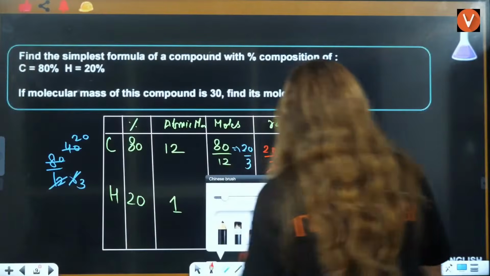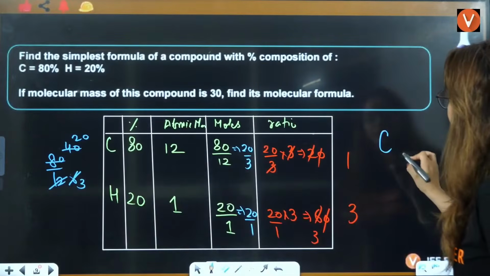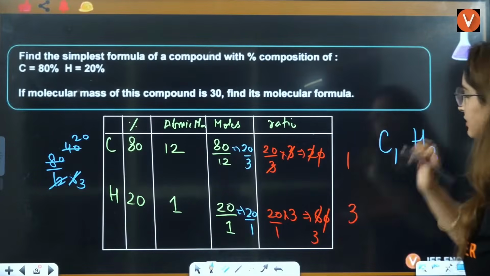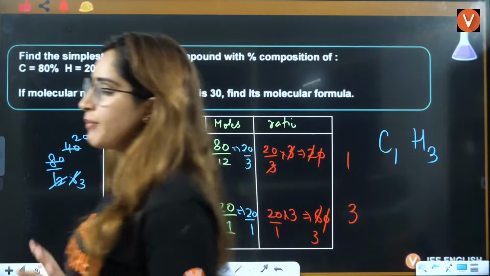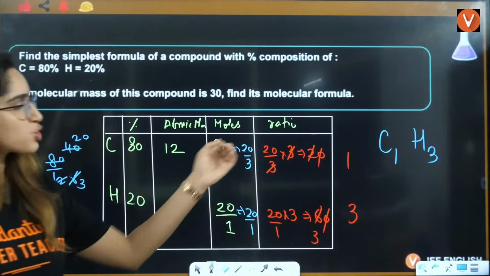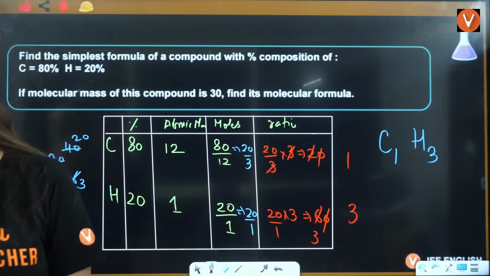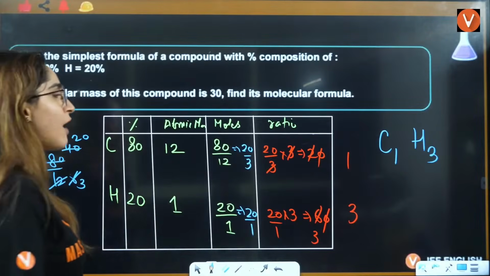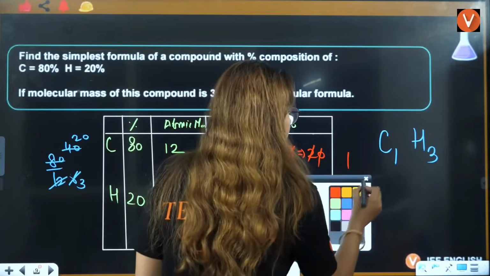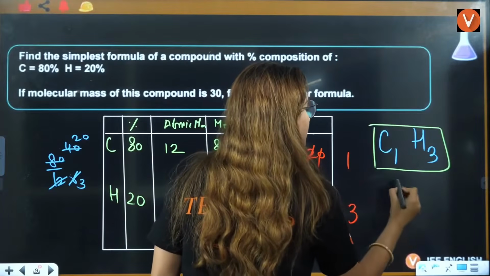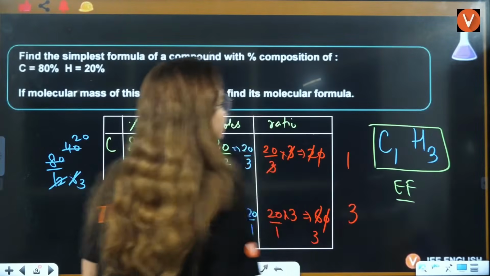So can I say the empirical formula is going to be C1H3, right? What I did by applying maths, I just solved this question this way, right? Okay, once you have this question, then can you say this is nothing but the empirical formula?